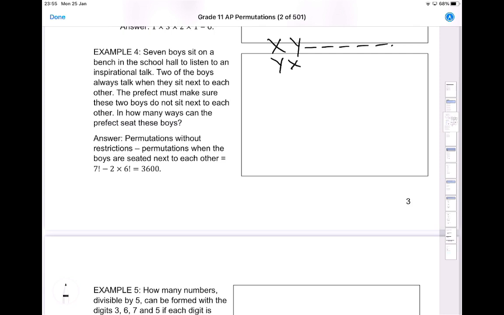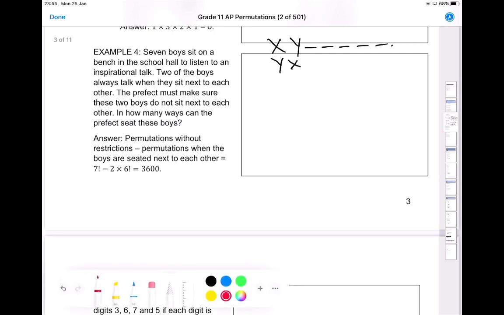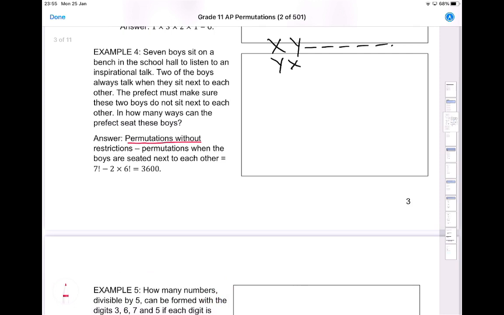The best approach to such questions will be this one here. You need to look for the number of arrangements in which these 7 boys can be seated, supposing there were no restrictions. So when we say these 2 boys should not sit next to each other, that's a restriction.